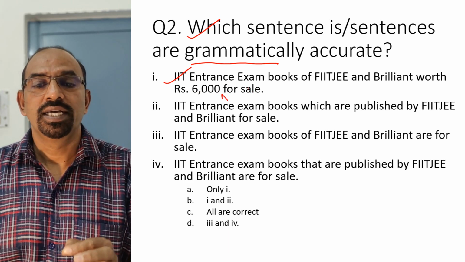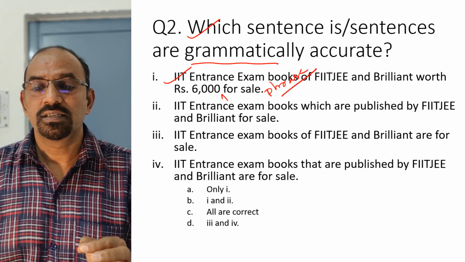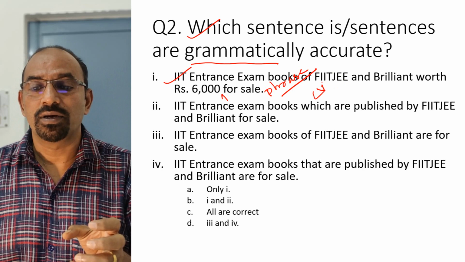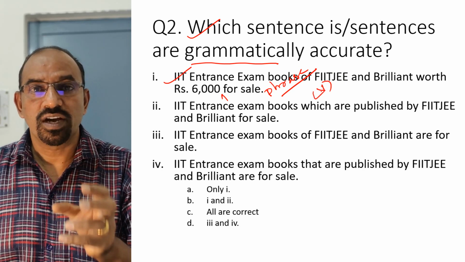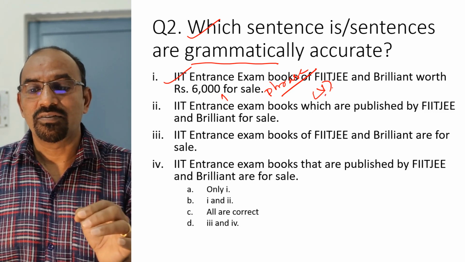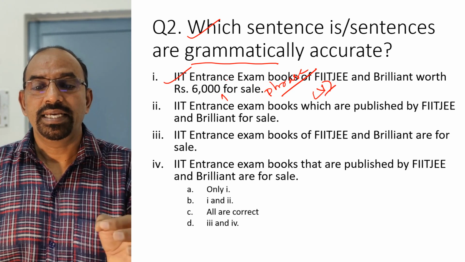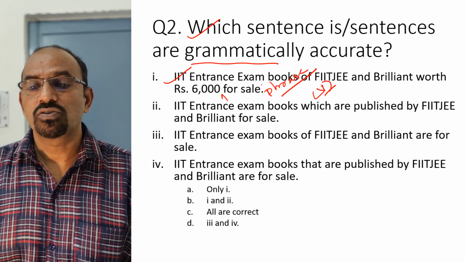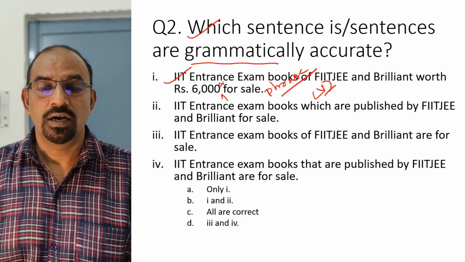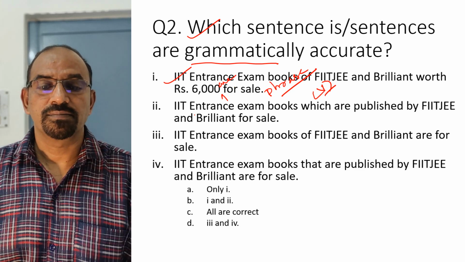No. It is only a phrase, because this piece of sentence doesn't have a verb. A sentence should have a verb. So this sentence lacks a verb. We can make it correct by: IIT entrance exam books of Fiji and Brilliant worth rupees 6,000 are for sale. Then it becomes a sentence.